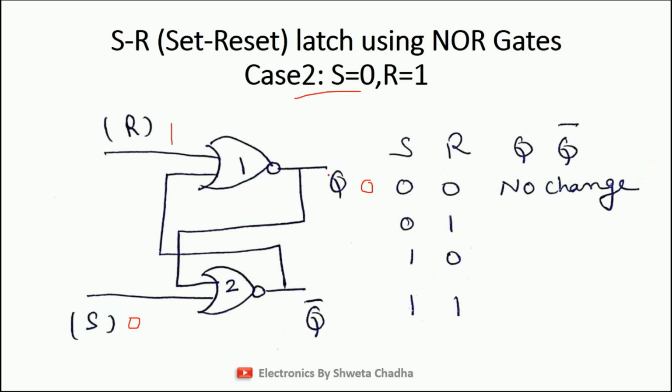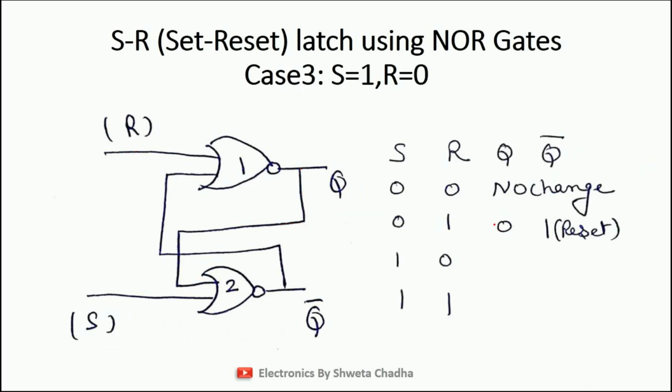But yes, we can drag this Q signal from the output till here, which is equal to 0. So 0, 0, the truth table of the NOR gate, 0, 0, output is 1. So when S is equal to 0 and R is equal to 1, the output is 0, 1. So that is known as the reset condition. What is reset? When reset is high, the output will become reset. Reset means 0.